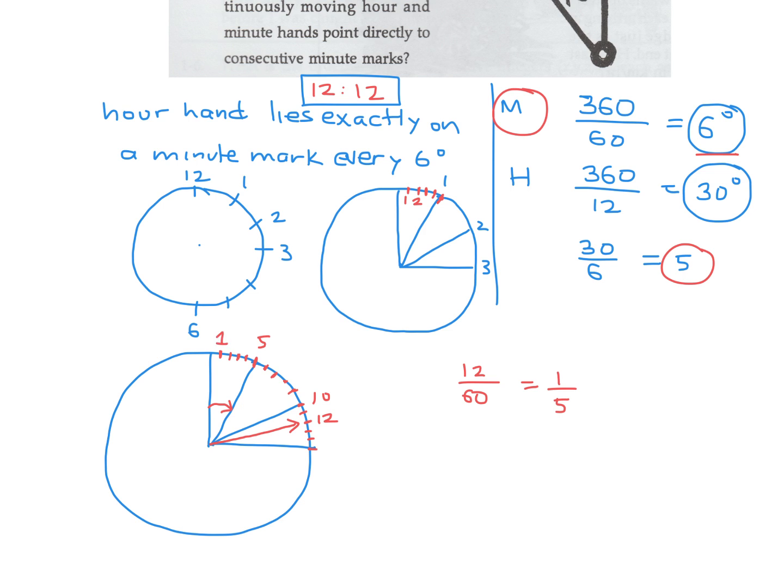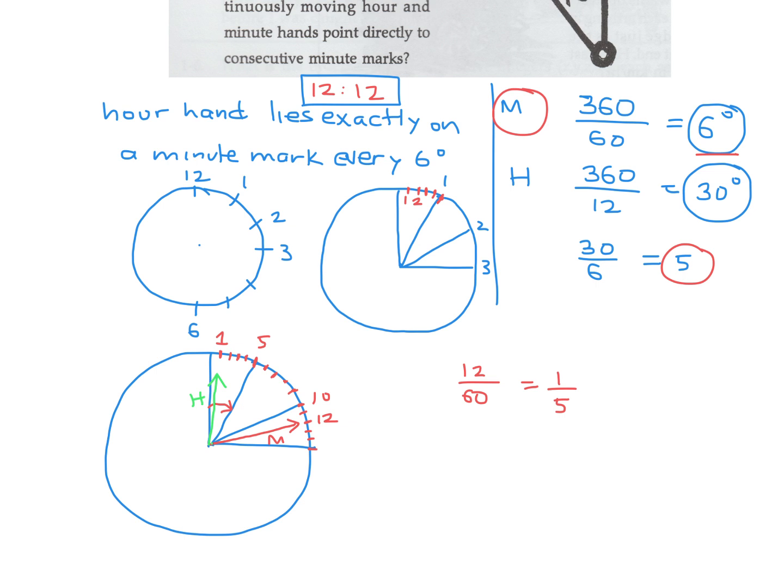So the hour hand, let me draw it in a different color, will be pointing to the 1. So that's the hour one, and this is the minute one. So that is an example of where the hour hand lies exactly on a minute mark. So I think perhaps that further explanation made a little bit more sense.